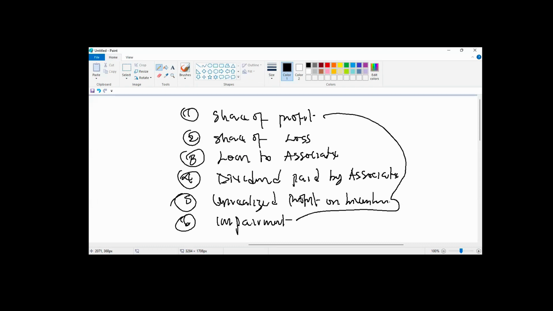These are the 6 items under associates. No question can carry all 6.